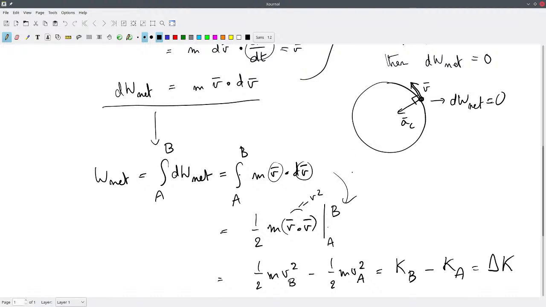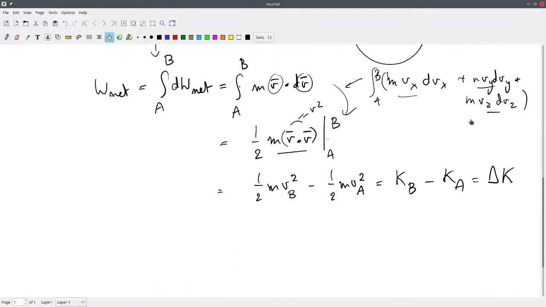You could, in particular for this last step here, write this out in its terms. So you would have, for example, the integral from A to B of mvx dvx plus mvy dvy plus mvz dvz, and you can do this integral individually for each of those three terms, and then you would put everything back together and you'd find again that you have the kinetic energy.